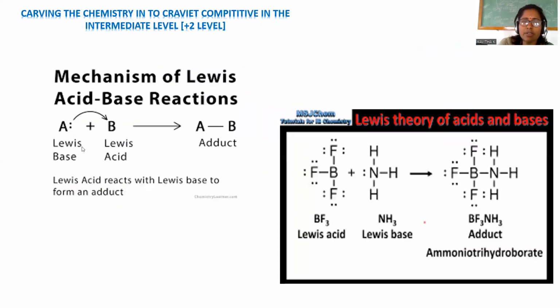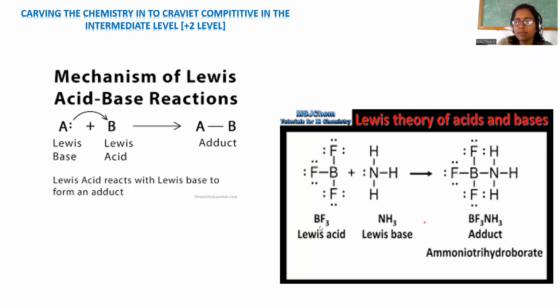In order to explain that one, Lewis base must contain 1 lone pair of electrons to release, and Lewis acid must contain 1 vacant orbital in order to receive, right? So whichever releasing electrons is called a Lewis base, whichever accepting the electron pair is called a Lewis acid. Whenever Lewis acid base get combined, there is a formation of product possible, right?